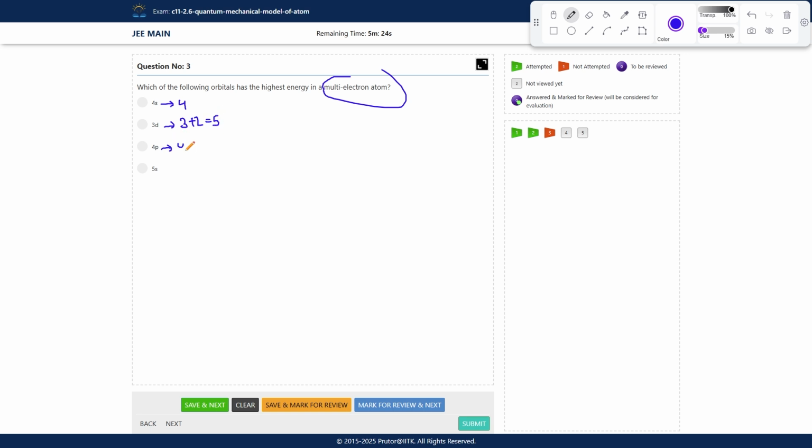For the 4p, it is 4 plus 1, 5. And for the 5s, it is 5 plus 0, again 5. So all of these three have the same n plus l value. But the n value of this last subshell is the highest, which is 5. Therefore, it will have the highest energy. So option D is the correct one. Then moving on to the next question.